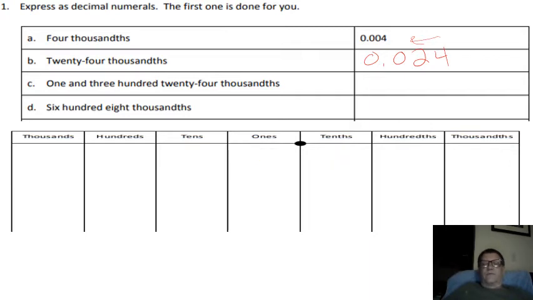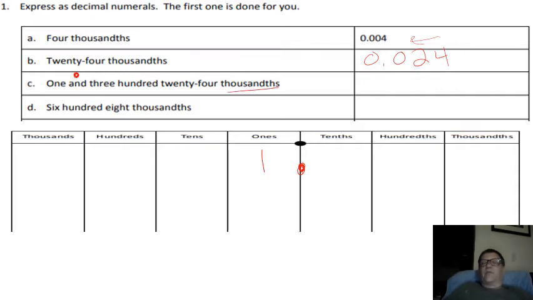For the next one, it says we're going to have 1 and 324 thousandths. Well, this "and" is very important because that's my decimal point. And I can see my decimal point is right here. And it says 1 and, so I'm going to put a 1 here. It says 324 thousandths.